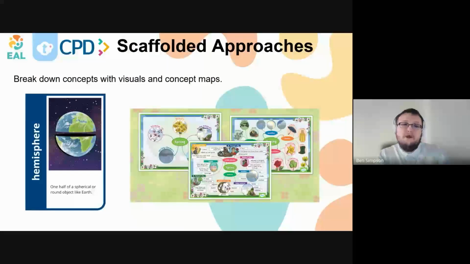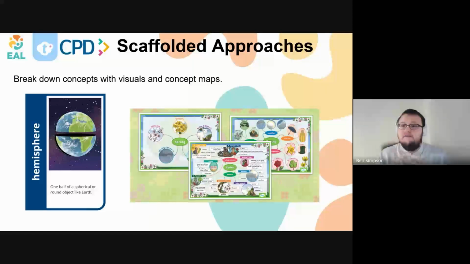So we can break down concepts. We can take these complex concepts and break them down into manageable chunks with visuals and concept maps. So on the left here, we have a definition card, a flashcard, which has the keyword, the definition in English, and a key visual representation that really helps to get a connection to the words. Concept maps, similar idea.